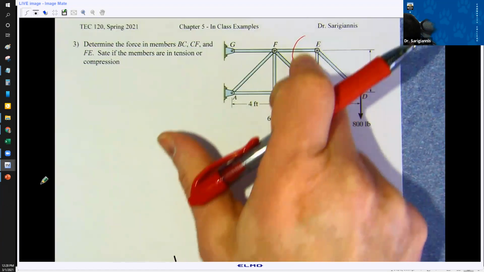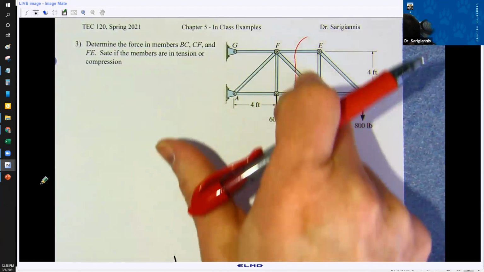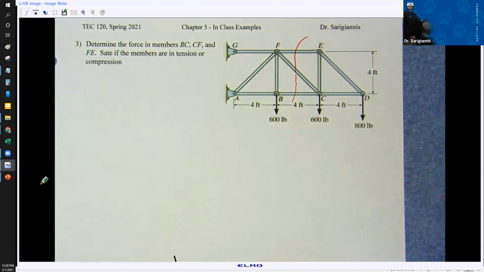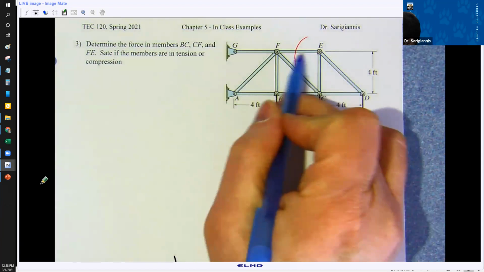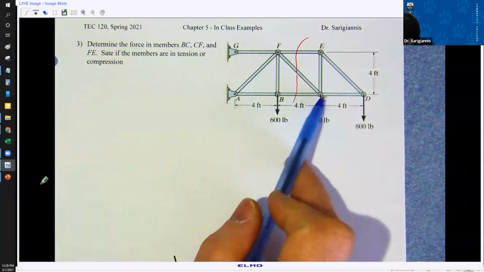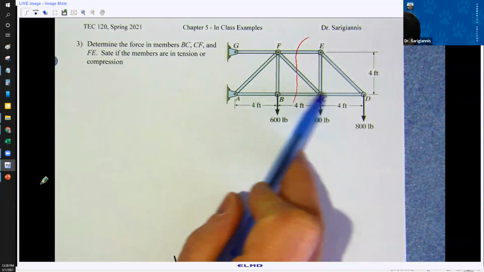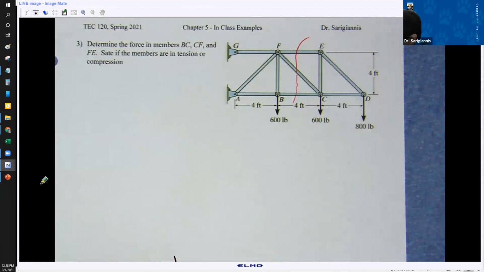This is its own static structure, right? And the way that it attaches to the rest of the world is through these forces EF, CF, and CB, which we're going to assume initially are all in tension.